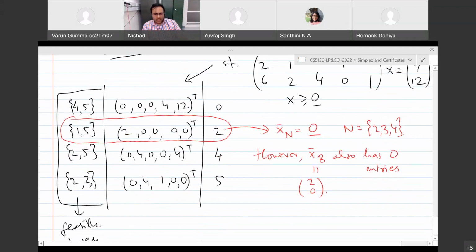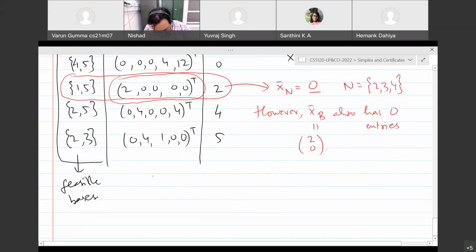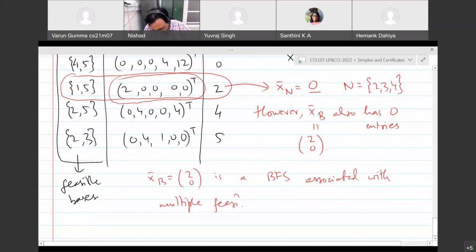Right? And notice that if I give you this particular solution, it is actually a basic feasible solution for multiple bases. X bar B in this example, 2, 0, is a BFS associated with multiple feasible bases.